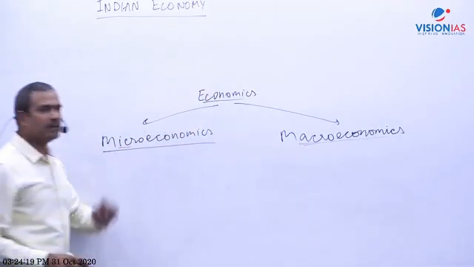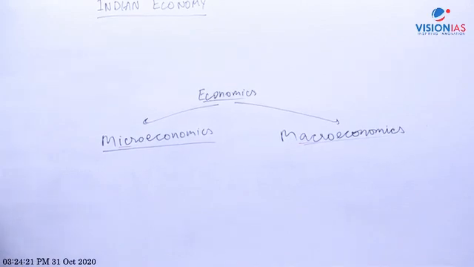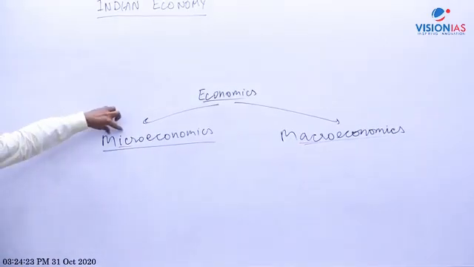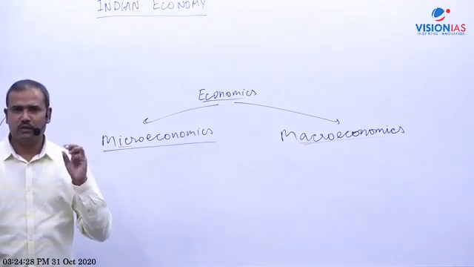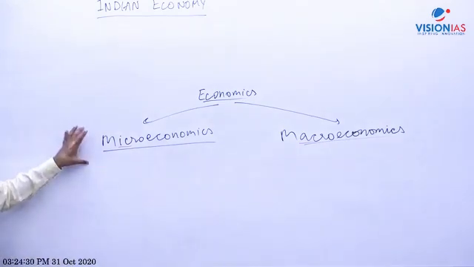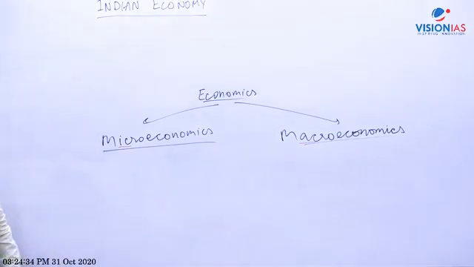What do we study in microeconomics? We cannot say small units. Micro means small, but it does not mean that we study small units. We study one unit, individual units. So write down a simple definition of microeconomics: it studies behavior of individual economic units.